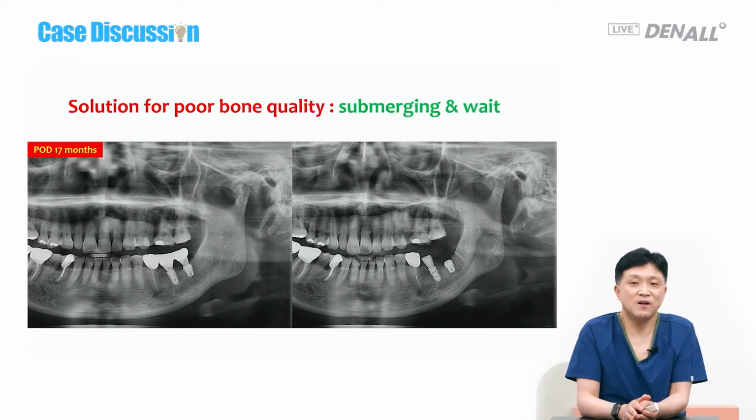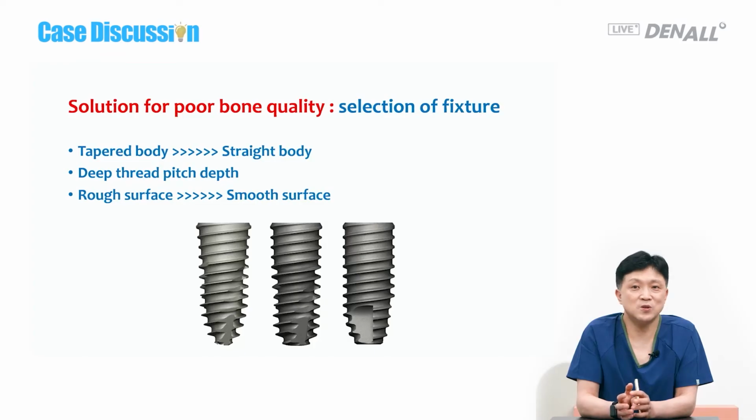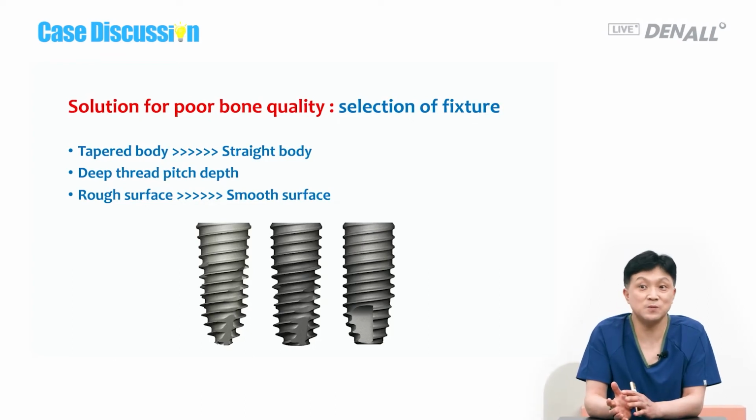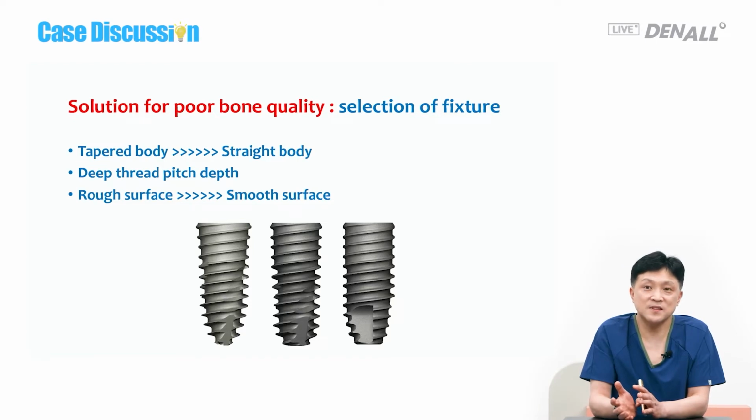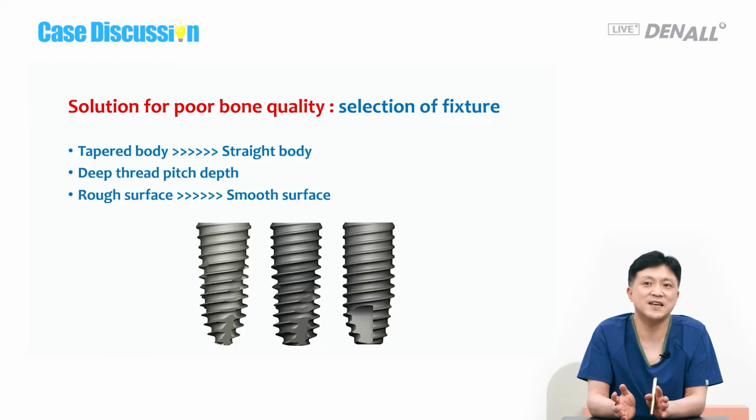The best solution when the initial stability is poor, you just wait as it is. Time will solve the problem. Second, selection of fixtures. Tapered body is better than the straight body, which has poor stability. Pitch depth is an influencing factor for initial stability, but among the geometries, it has the least impact.